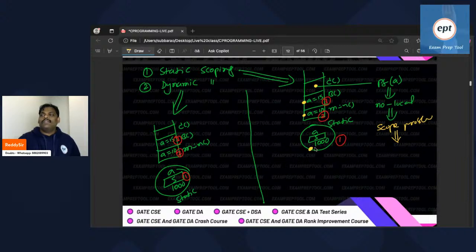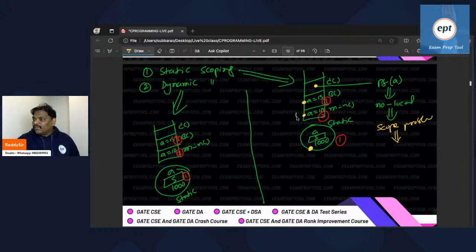So when the inventor mentioned that whenever there is a scope problem, compiler, you resolve, the compiler gets to know there is a scope problem. But immediately the compiler knows, oh, I created one global variable A at the time of compilation.